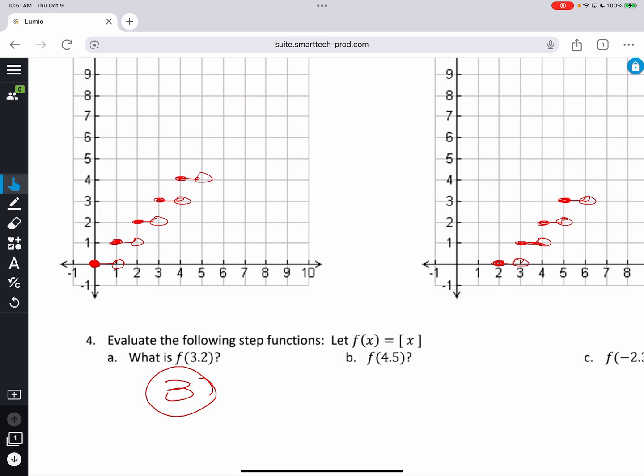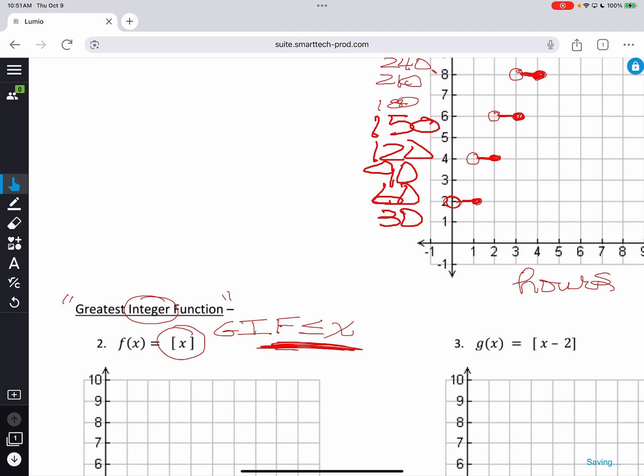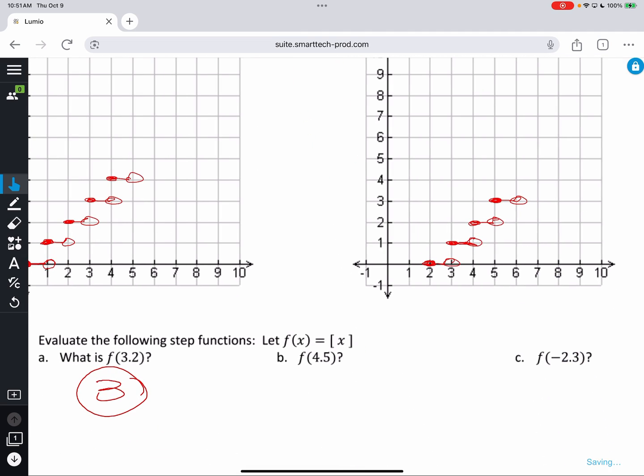3. Next one, where are we rounding? You step down. You never round up; always round down. That's why I was saying a minute ago, remember to round down. What about negative 2.3?